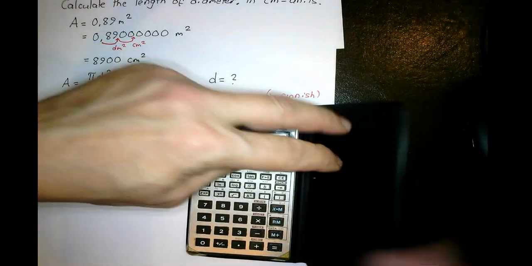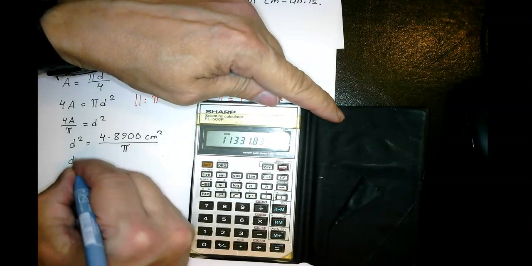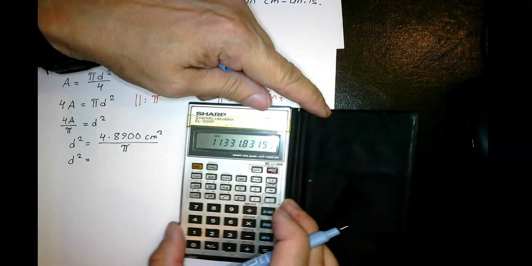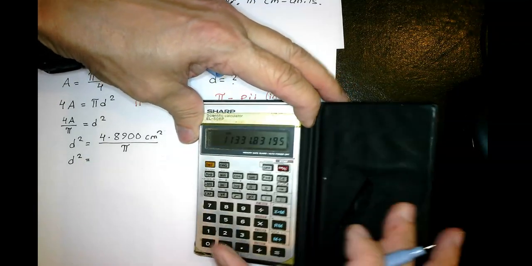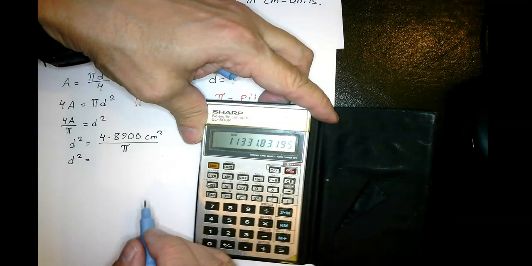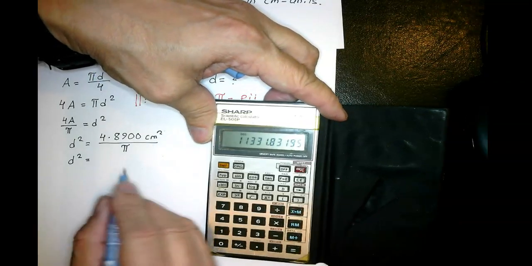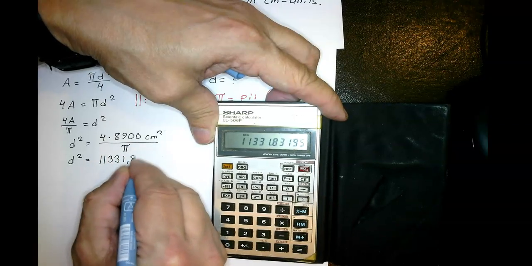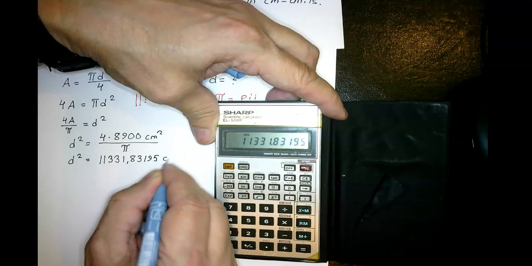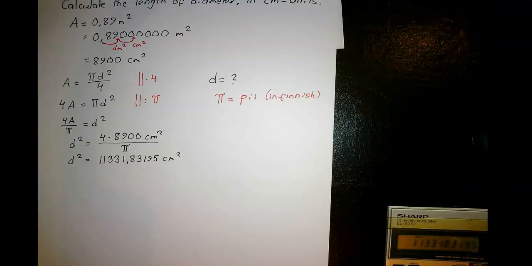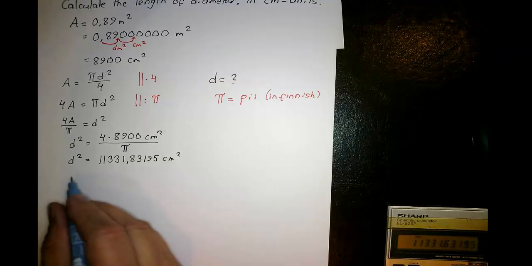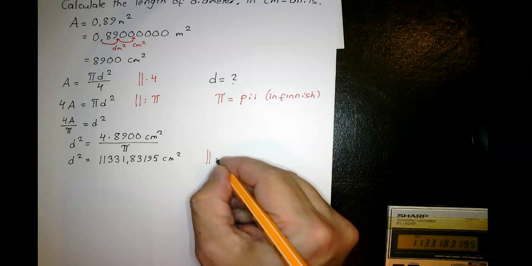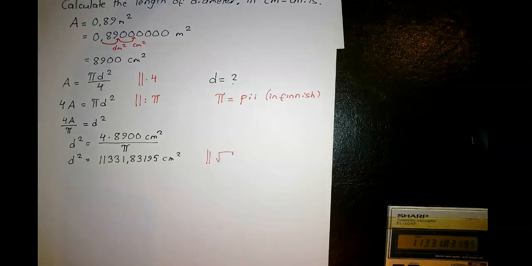And now we have to be careful because actually, this is not the result yet. We get a number which has units centimeter squared or square centimeter. So this is not yet a ready answer. Centimeter squared. And now we take the square root. This is one thing which many times is forgotten.